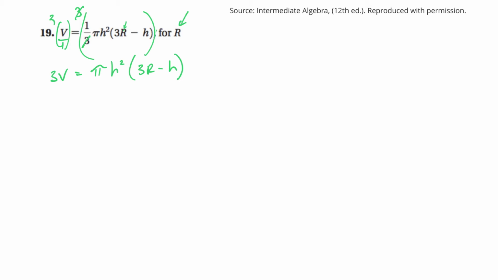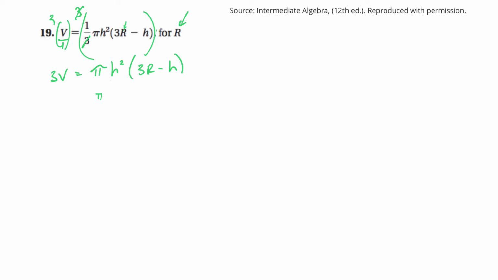At this point, you could do two things. You could multiply this through using the distributive property, or you could divide by the pi h squared now, and then use a couple other tools later. I sort of prefer to get rid of the brackets, so that's what I'm going to do.